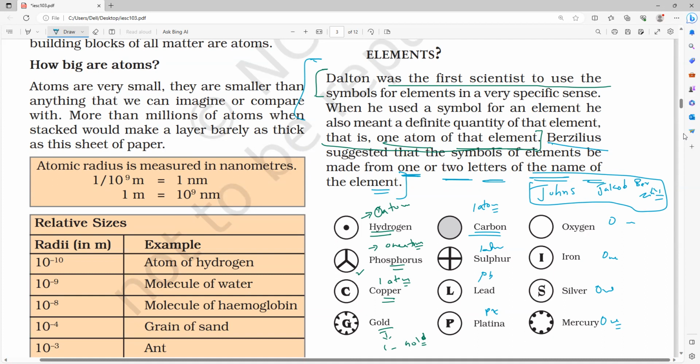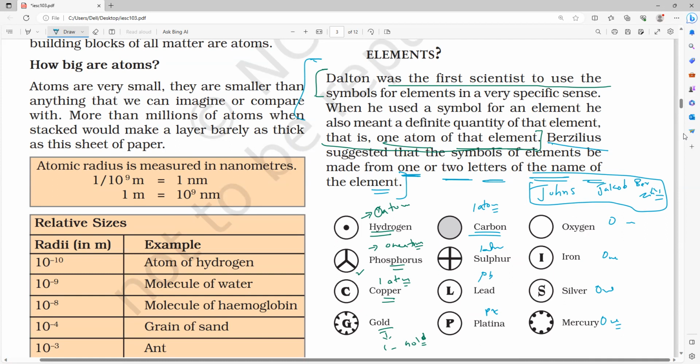Are you clear what I'm saying? Please respond. So Berzelius said that you can take one letter or two letters from the name.